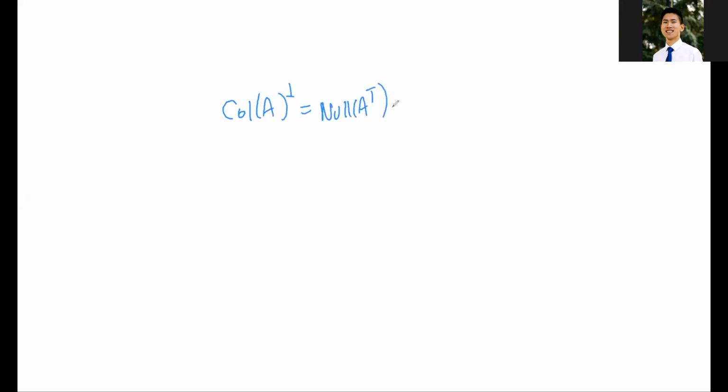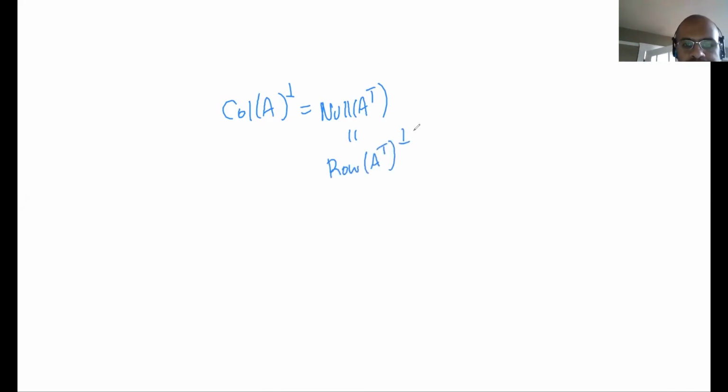Okay. Well, the null space of A transpose, how is that related to the row space of A transpose? They're orthogonal complements. Yeah, so this is equal to the row space of A transpose perp. Is that part okay?